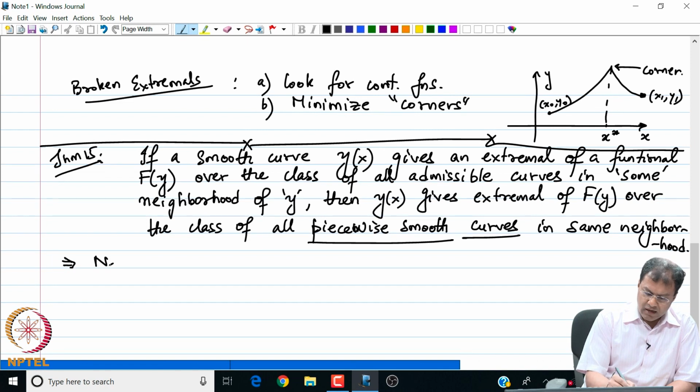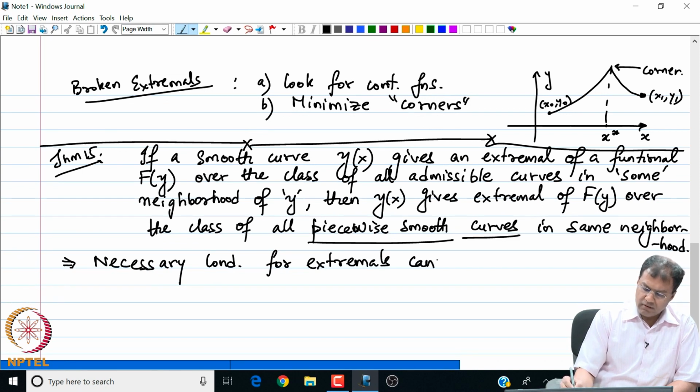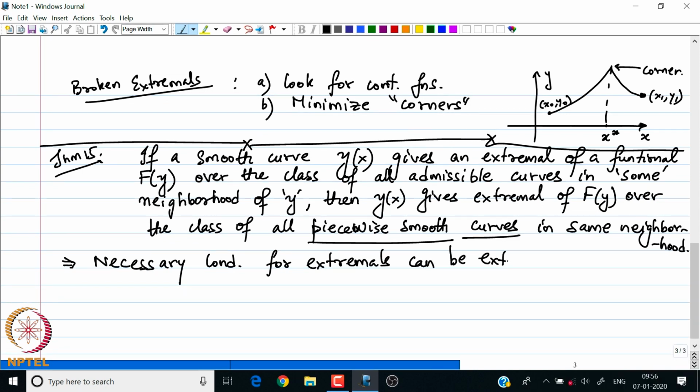So this theorem says that the necessary condition for extremals can be extended to piecewise smooth curves. Our Euler-Lagrange equations will still work.